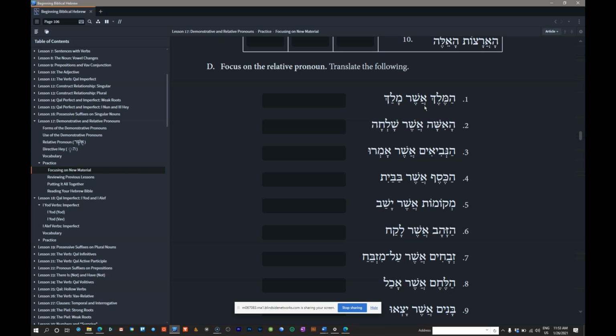But other than that, the Hebrew relative pronoun is a lot closer to the English relative pronoun than the Greek one would be. All right, so usually, you can translate asher a lot of different ways depending on context. It can mean which, who, whom, that, for which, to whom, for whom.